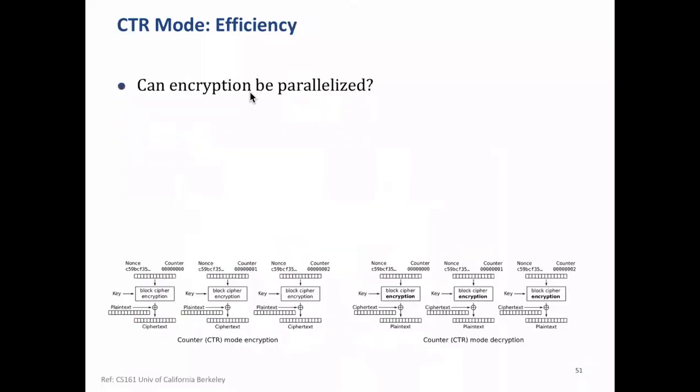So what are we doing here? In both cases, we are doing encryption. And then here, instead of plain text, we are doing exclusive OR with ciphertext, and you get the output. Now, why are we doing all this? Any questions? Of course, mathematically, you can see that this works.